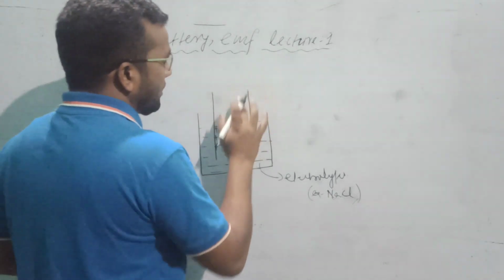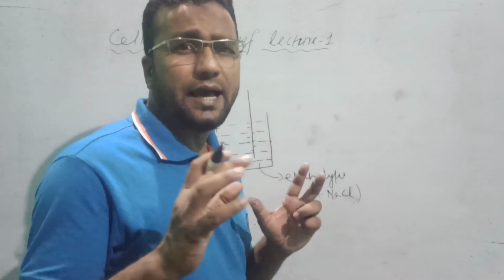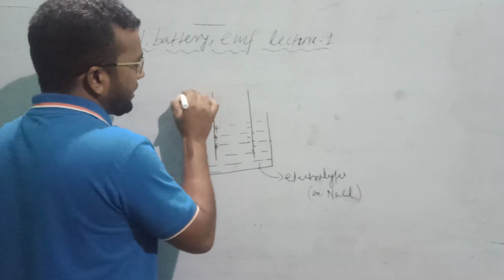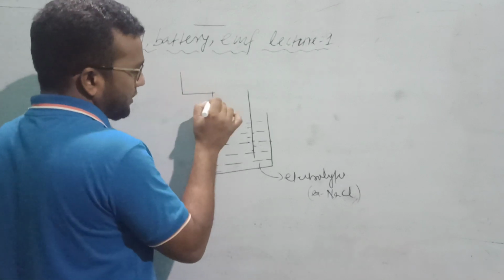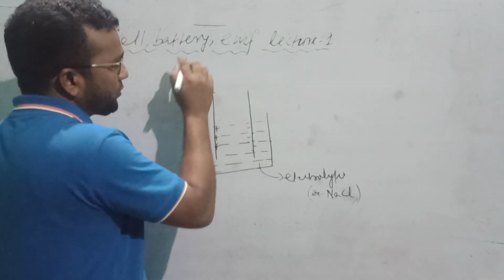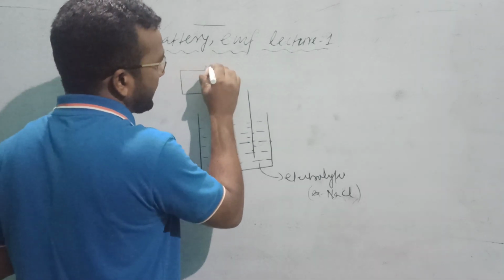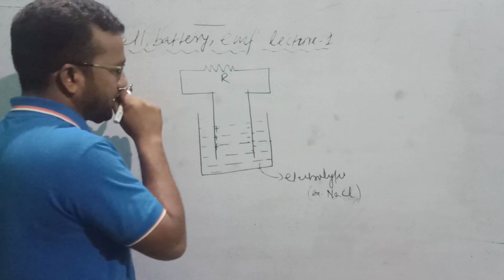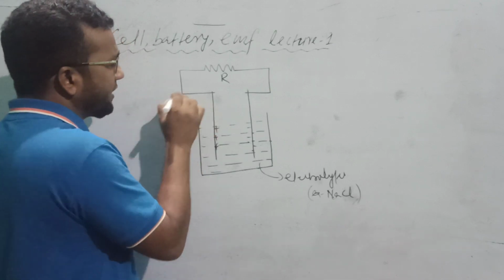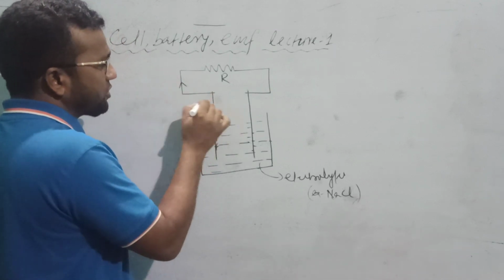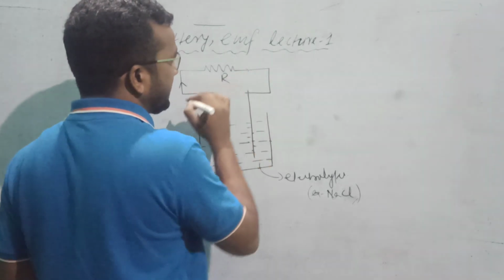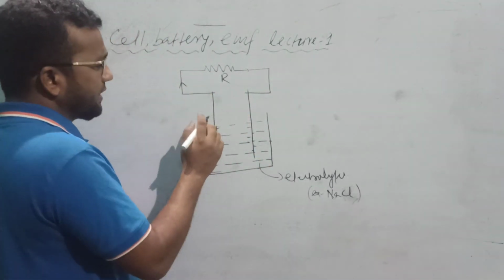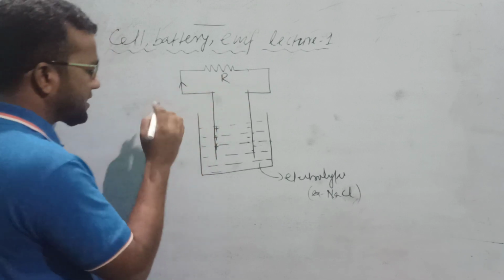Now we will see the action of current through it. When we connect this cell to an external circuit, say of resistance capital R, current will flow from the positive terminal to the negative terminal through the external circuit, and this is known as discharging.